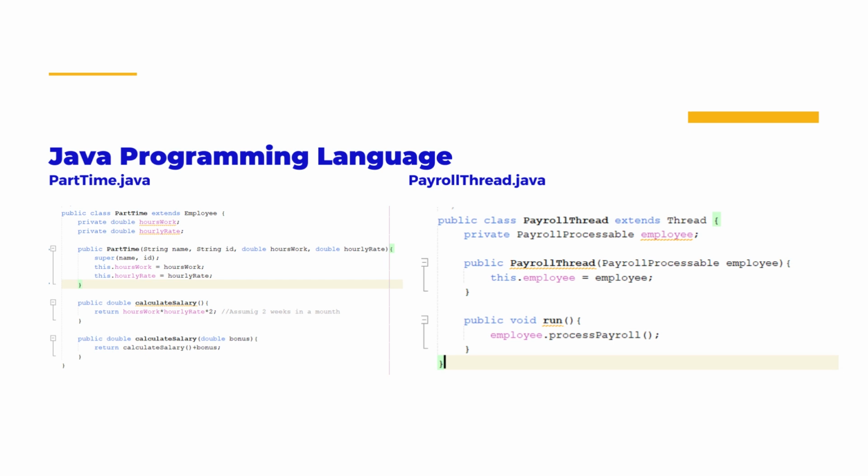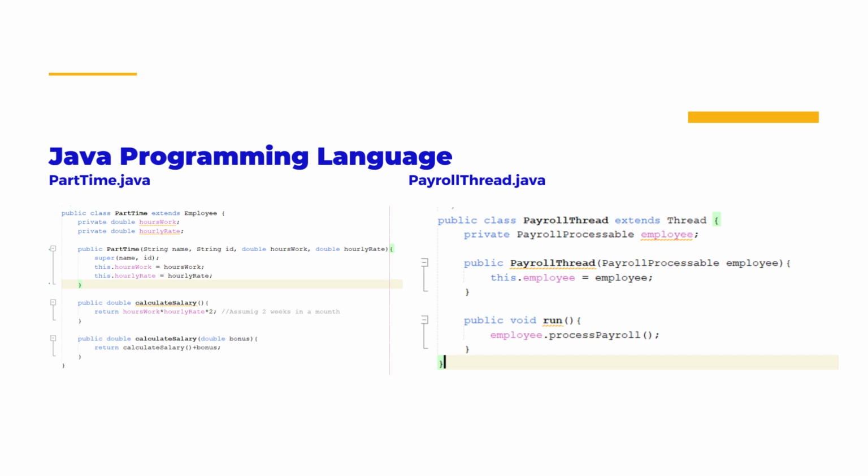This variable represents the employee for whom the payroll will be processed. The class has a constructor that takes an object implementing the PayrollProcessable interface as a parameter. This allows you to specify the employee for whom the thread will process the payroll.